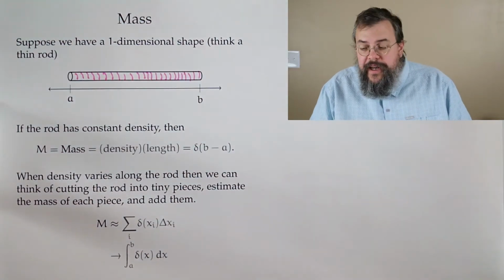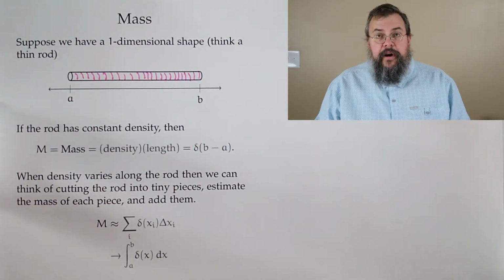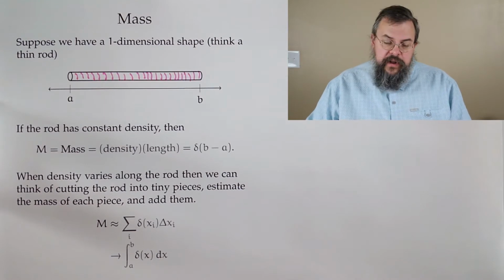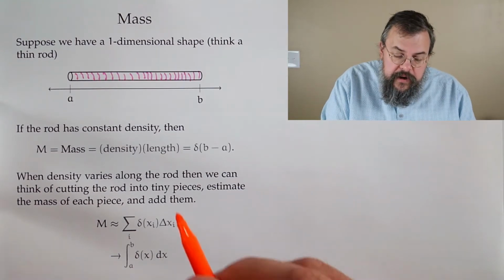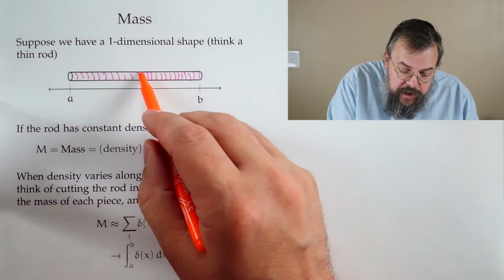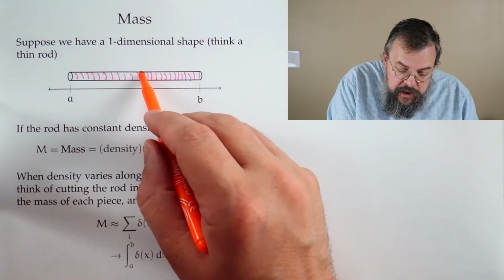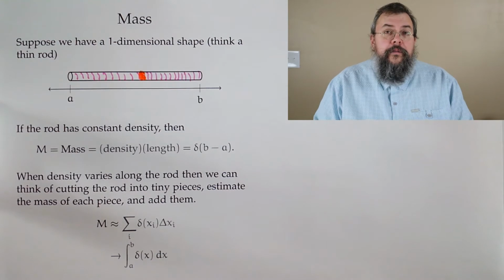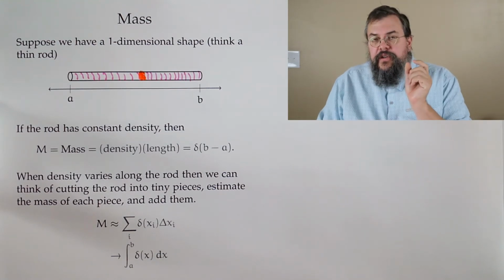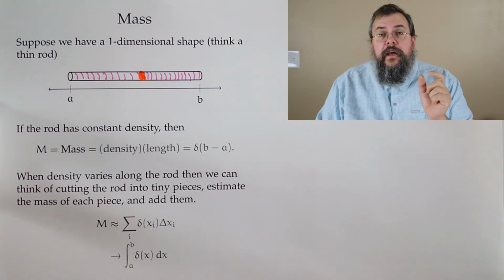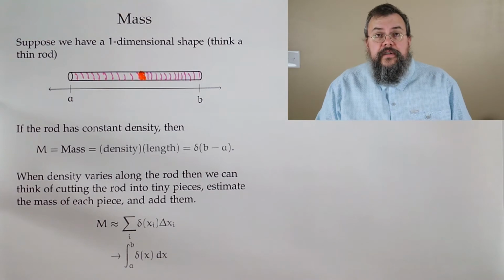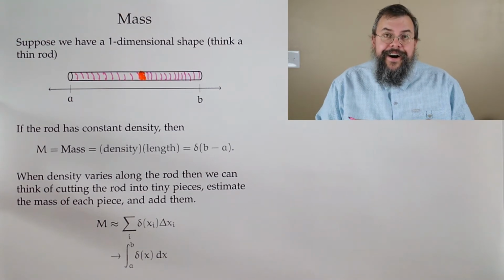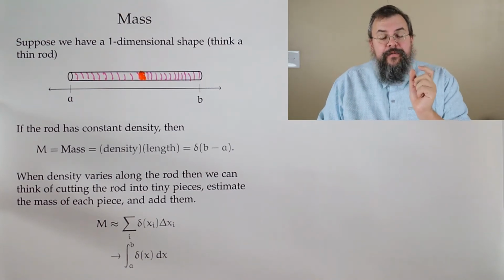Now, what's the advantage of breaking things into little tiny parts like this? Well, if we pick a part, say, here's our part here, then on that part, the density varies so little that essentially the density is constant. So we say, aha, now we can get a good estimate.